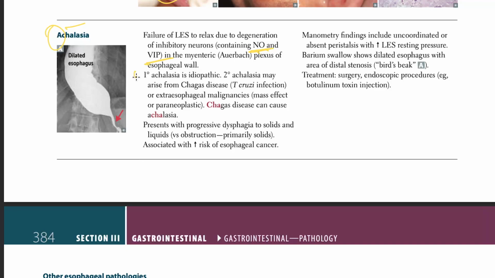Primary achalasia is idiopathic. Secondary could be due to Chagas disease, which is a T. cruzi infection, or extra-esophageal malignancies, which cause mass effect or are paraneoplastic. Chagas disease can cause achalasia.